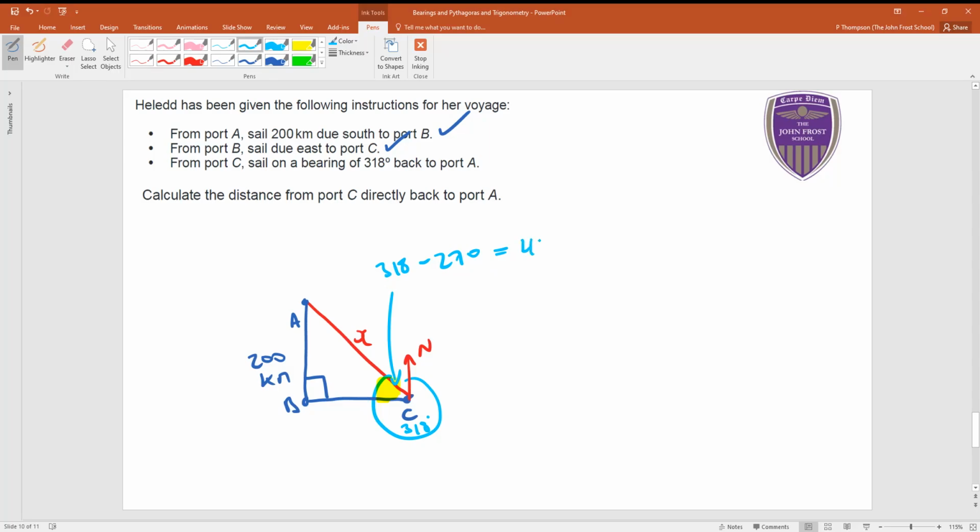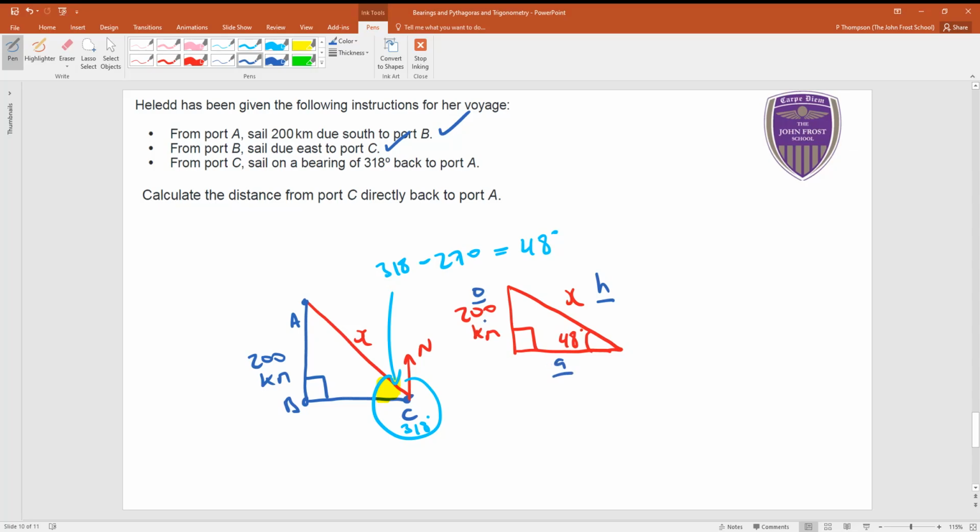So this here, okay, I think is 48 degrees. So redraw the triangle again. So you got like a nice clear head. So that's X. That is 200 kilometers. This is 48 degrees. Label the sides again, all right? That is H, that is O, that is A.